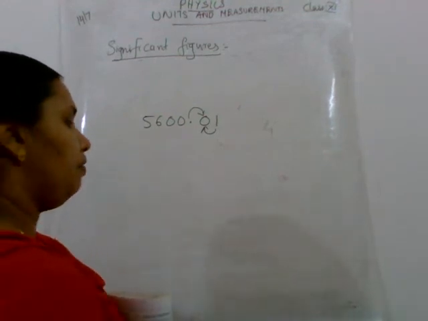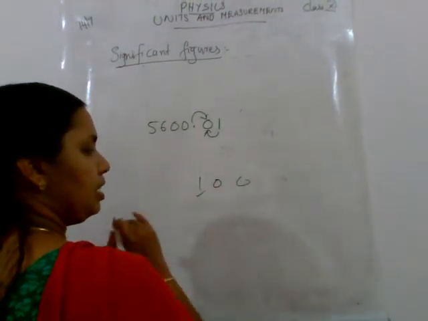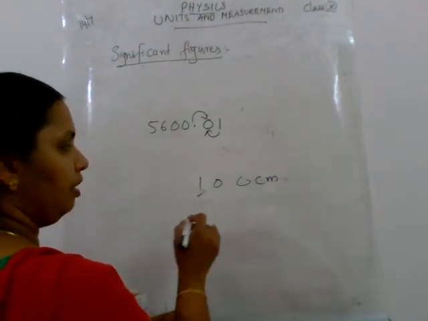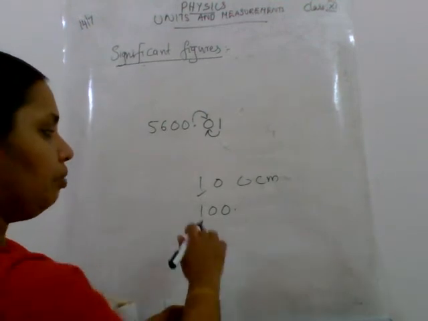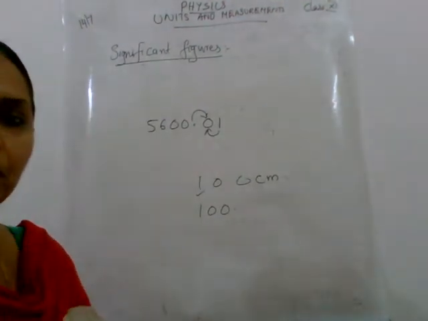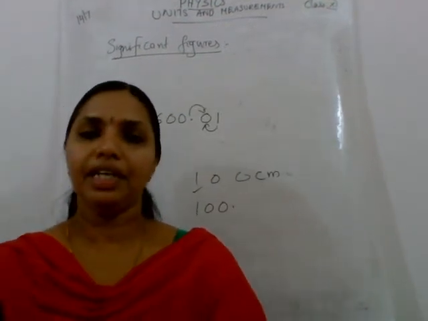One is when the last two zeros come, like 100, which has only one significant figure. If the unit is mentioned, there are three significant figures. And if after 100 a decimal point is put, there are three significant figures. So you study those rules, then you can identify it very easily.